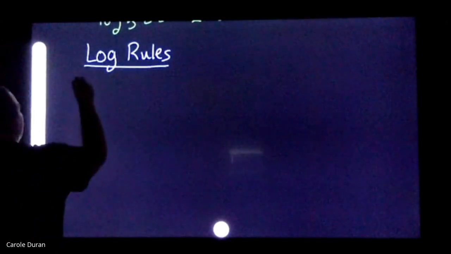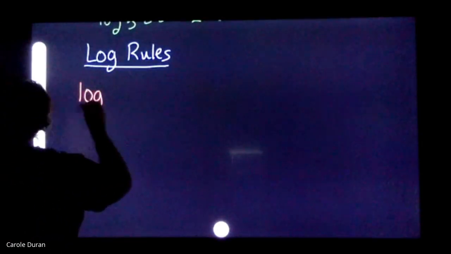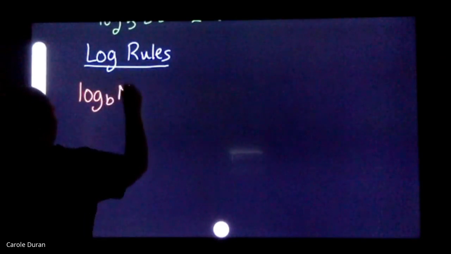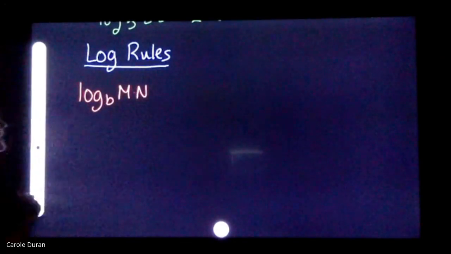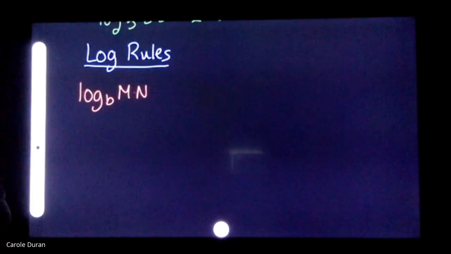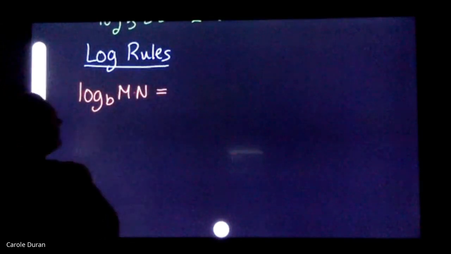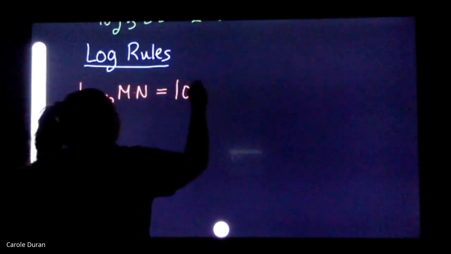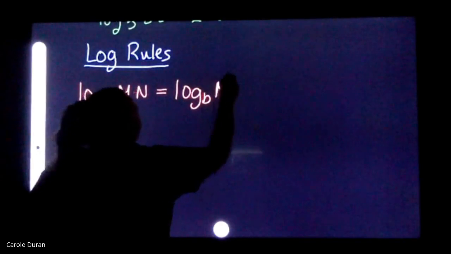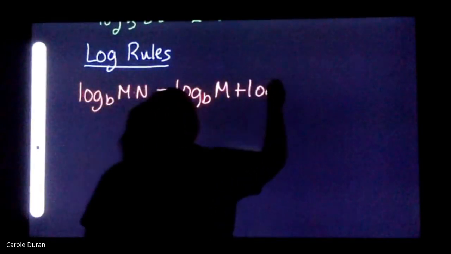The first log rule that I have is when I'm taking the log of two numbers that are multiplied together. So in this example, I have log base b of the function m times n. If I were expanding this, it would be rewritten as the addition of both of those logs in base b.